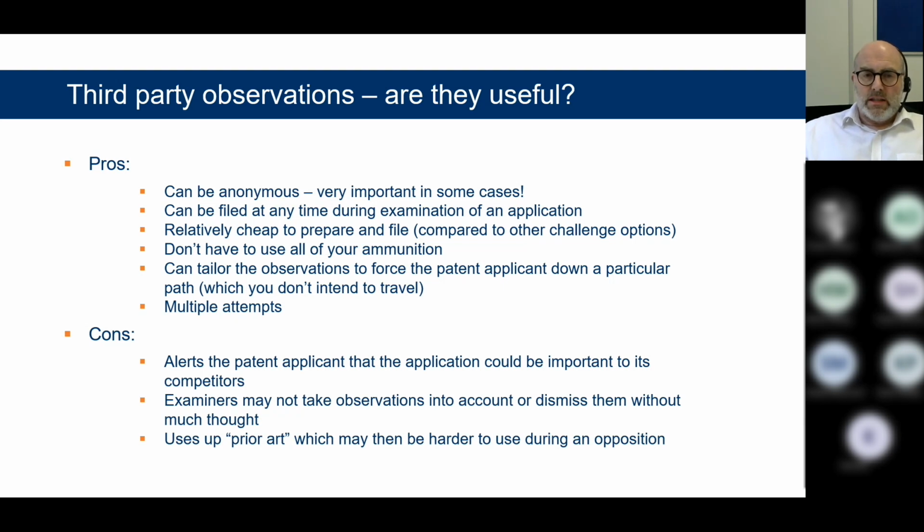And then finally, another disadvantage is it does use up some of your prior art, your earlier documents that you might want to attack the claims with, and it might make it harder to use them during an opposition or a revocation action. This can be especially true in something like the US.